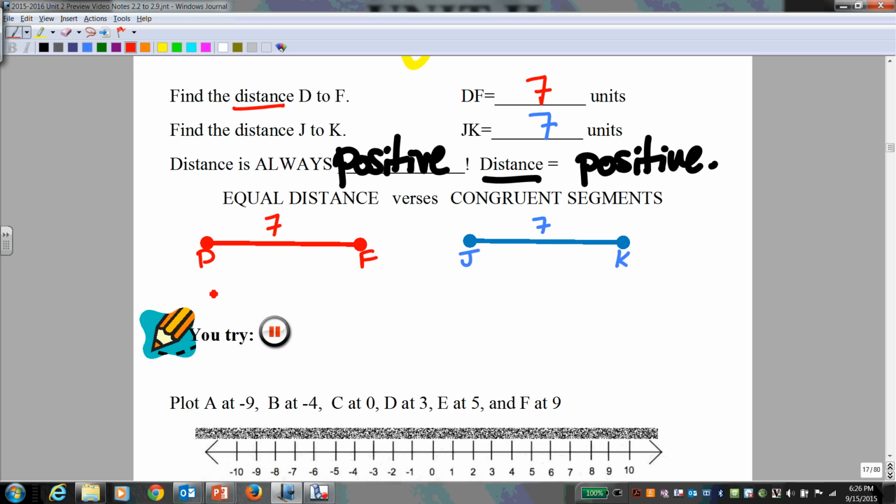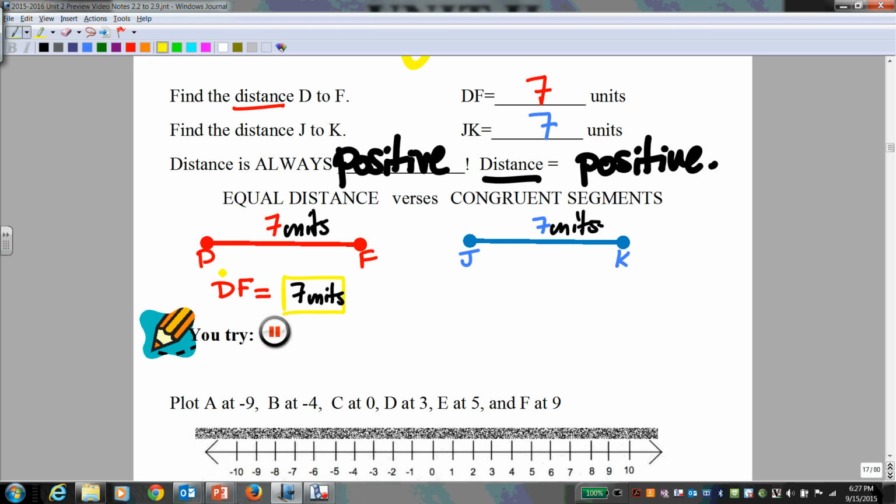If I want to say distance, I say DF equals, and then on this side, you put the actual measure. We use an equal sign for concepts of numerical measure. So DF is 7 units.